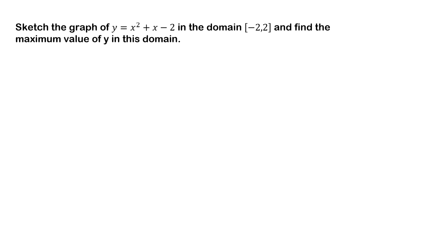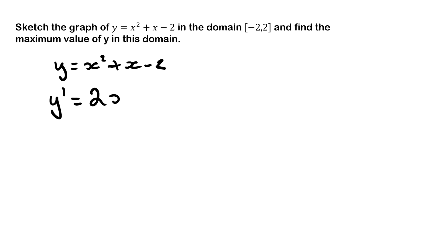So to begin with, we start like any other question when we're told to sketch it. We write out our function. And then we find our first derivative. All right, at this point we can start to find our stationary points. Now remember, these are our stationary points when the first derivative is 0.